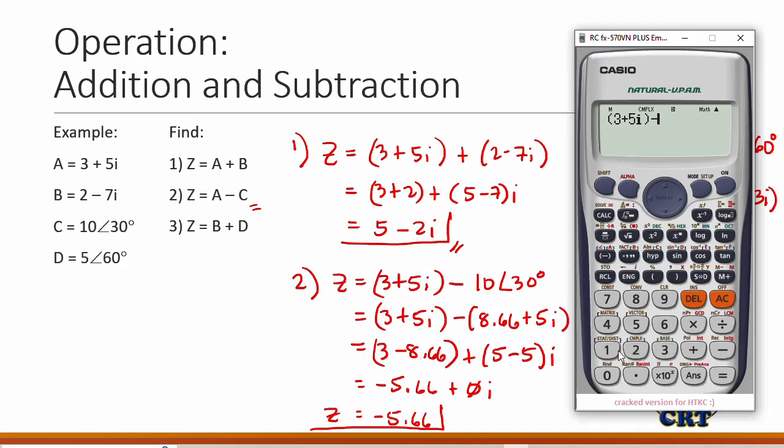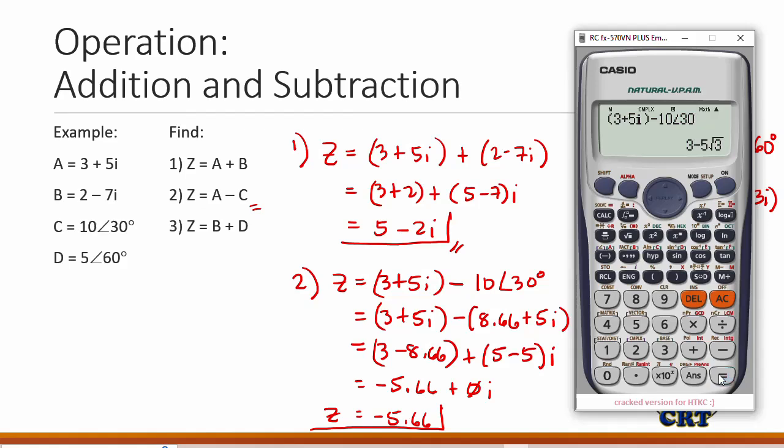So minus 10 angle, look for the angle button. This is located in memory A, the parenthesis minus button. So press shift and that button, so you have the angle symbol in your calculator. So this is 10 angle of 30. So that's it. You can press the equal sign without converting all complex numbers to rectangular form.